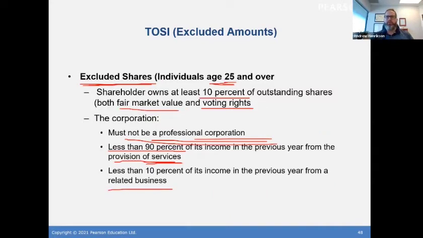You've got to be 25 and over. So they're really trying to get at that magical 18 to 25 adult children splitting income, while they're uninvolved with the business. They're trying to look at that area and limit what you can do there.